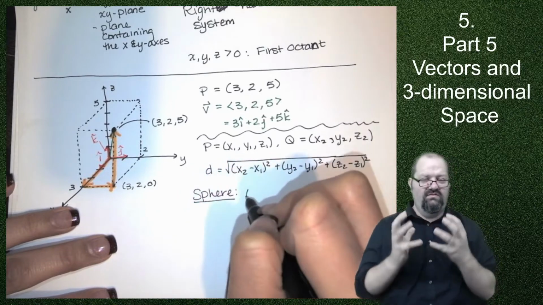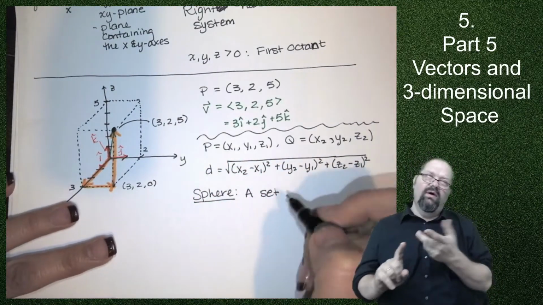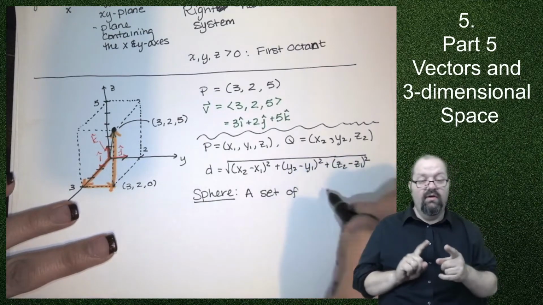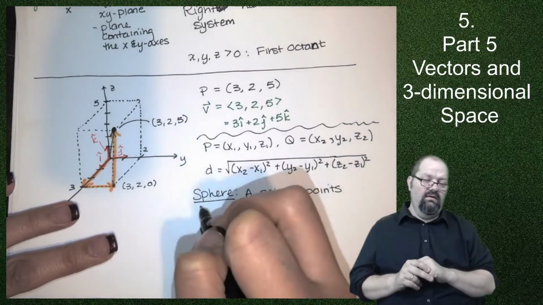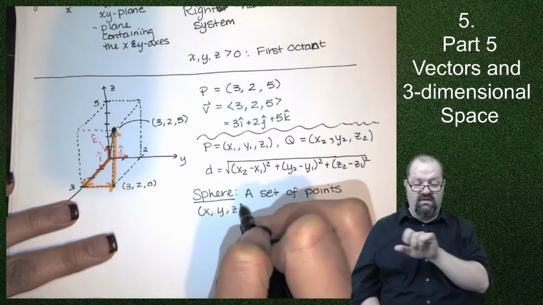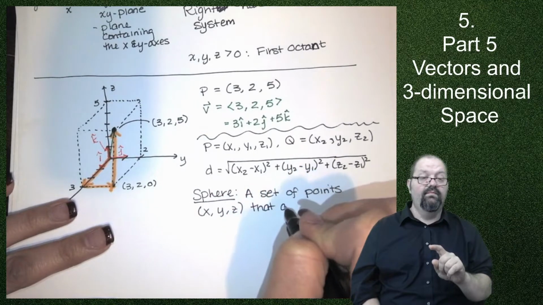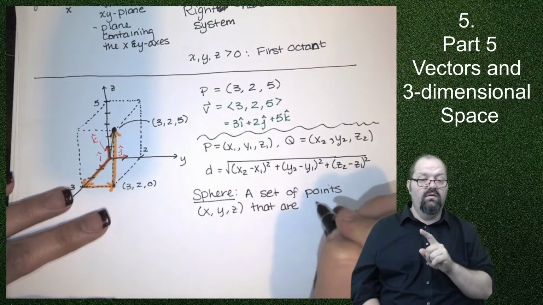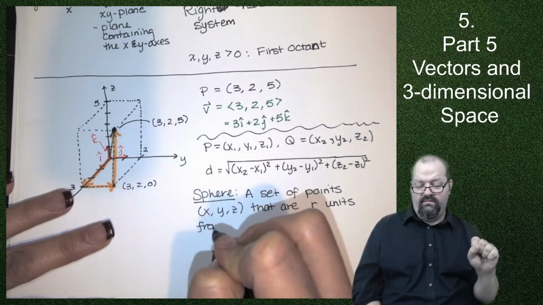Now, we're talking about a sphere. A sphere is just a set of points. Well, it's a geometric object too, but it's a set of points, x, y, z, that are r units from a center point.